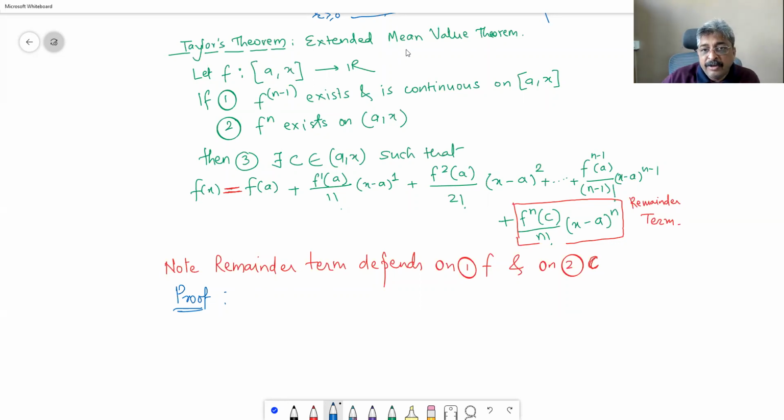Define. Now every mean value theorem that we have proved earlier, we have defined some function.